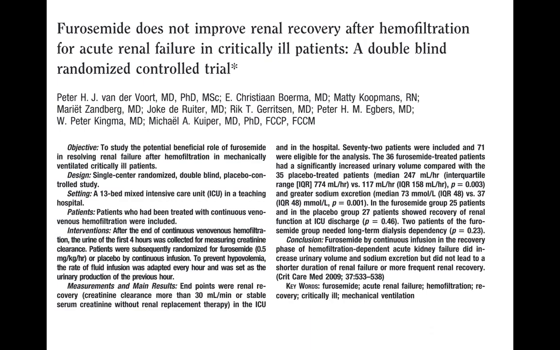Interestingly, in response to our paper published in Critical Care, Peter Vanderhoort's group and Peter Picker's wrote a letter back to Critical Care that was in part based on a study they had done in Critical Care Medicine 2009, where they assessed the capacity of an intravenous furosemide dose to hasten the recovery of patients on hemofiltration.